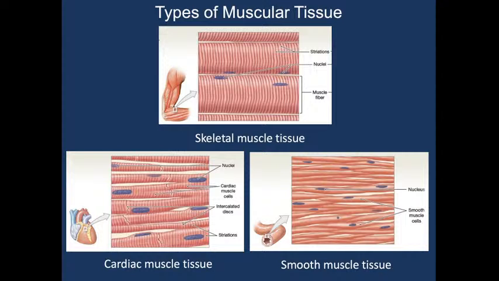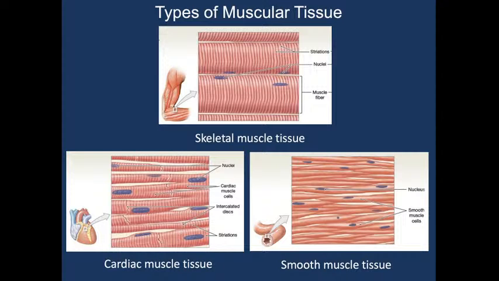Skeletal muscle tissue works primarily in a voluntary manner. We use the higher part of our brain to move our skeletal muscles.